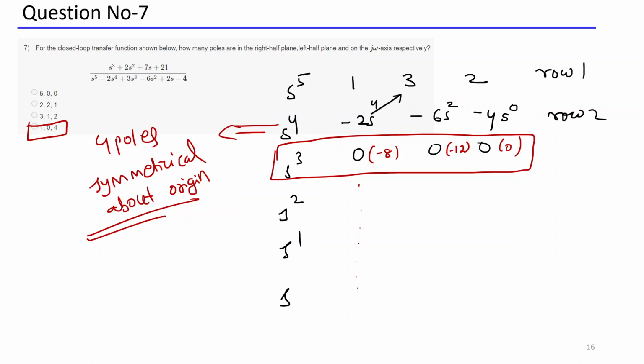Okay, but one thing, sir, see how many sign changes below the 0 line, can you tell me? How many number of sign changes below this 0 line, this is the 0th line?